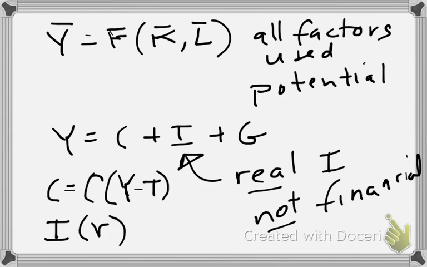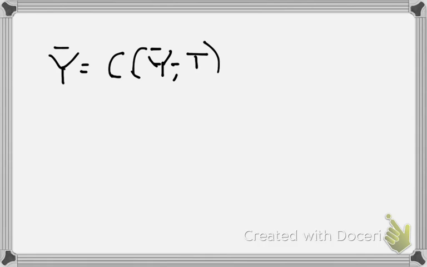That is our other behavioral equation, and then we put all those together and we end up with GDP equal to consumption, which depends on GDP, which is fixed because we're assuming efficiency, minus taxes, so it's disposable income. We'll assume taxes are fixed for now. And investment depends on the interest rate, and government spending is fixed for now.